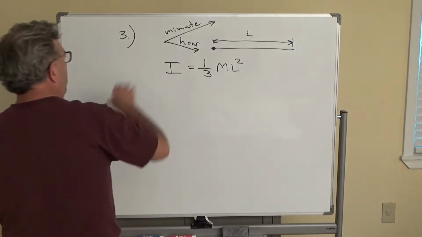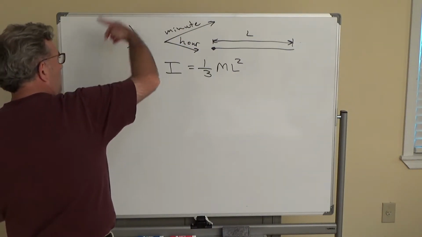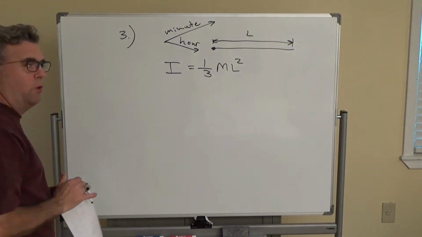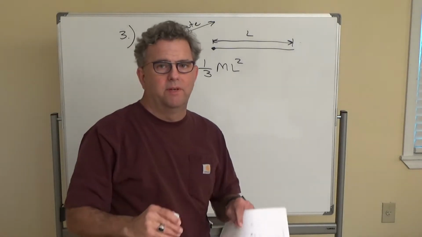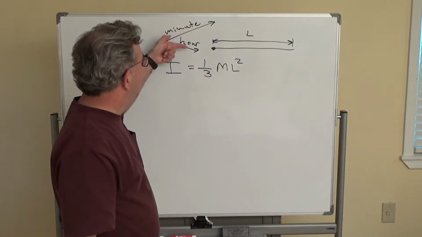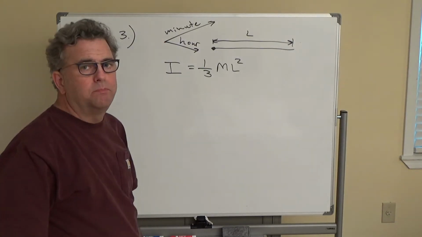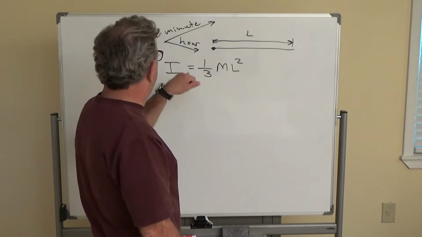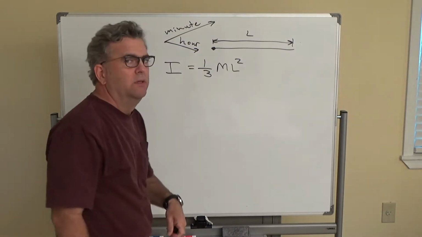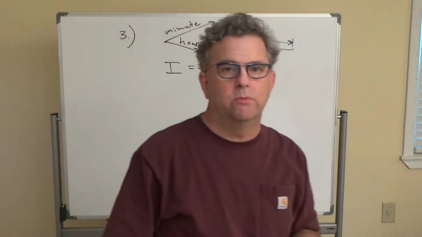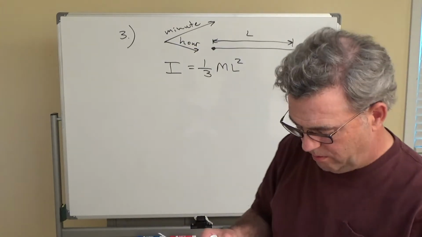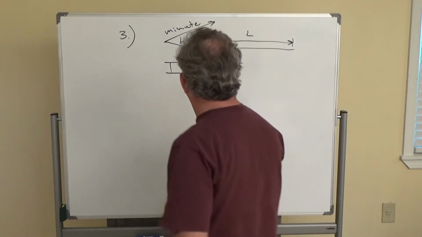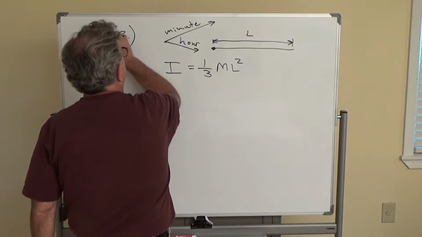These are both going in the same direction, clockwise. So the total angular momentum of the minute hand and hour hand, they sum up. If you had one going in this direction and one going in that direction, it would be the difference of the two. That's number 3.